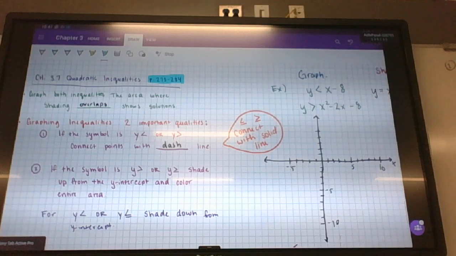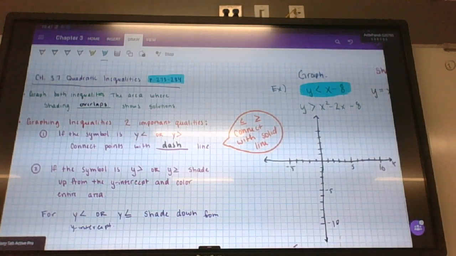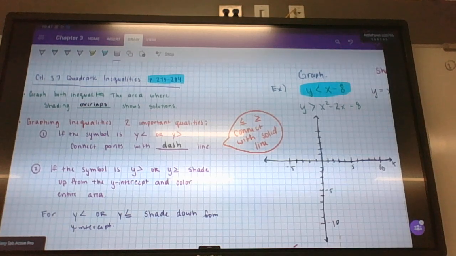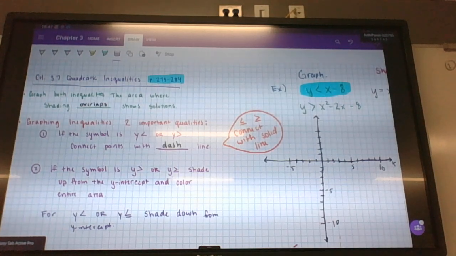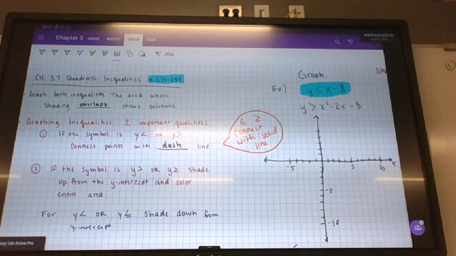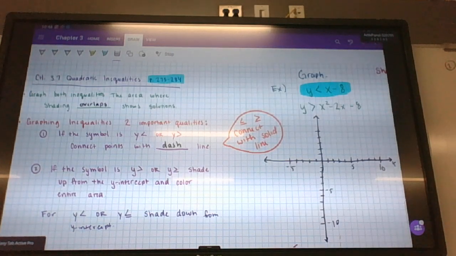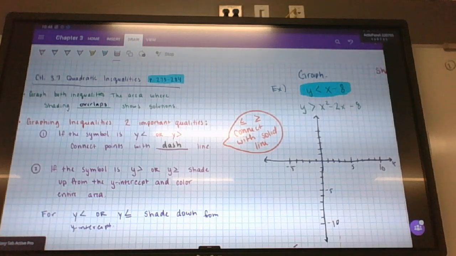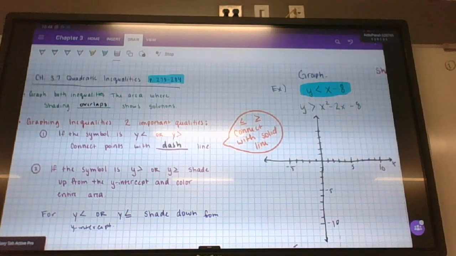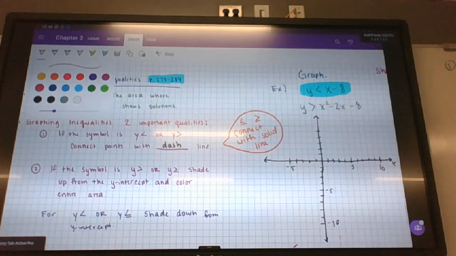Okay, I'm going to highlight in blue. y is less than x minus 8. How do I graph that? What's your first step in making the graph? The y-intercept is -8.